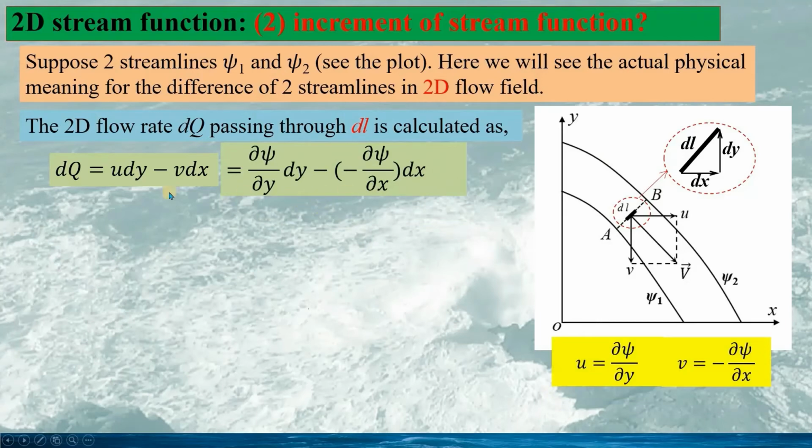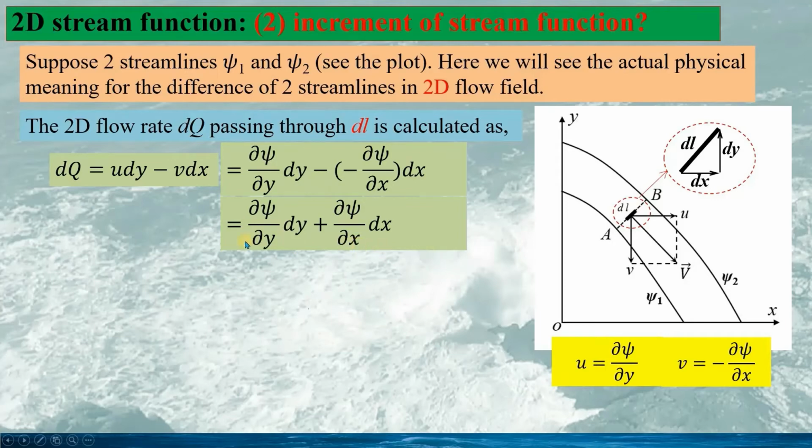If we substitute the expression of the velocity components by the stream function psi, we have the expression as this. Again, this actually is the differential of the stream function psi, simply expressed as this.